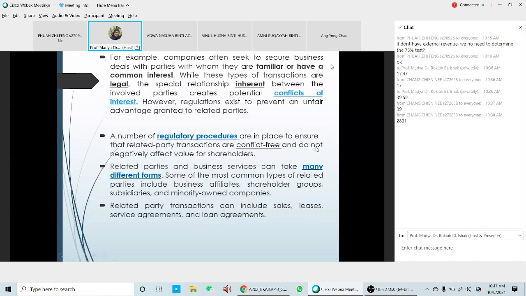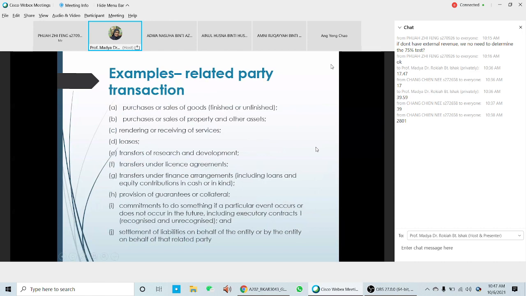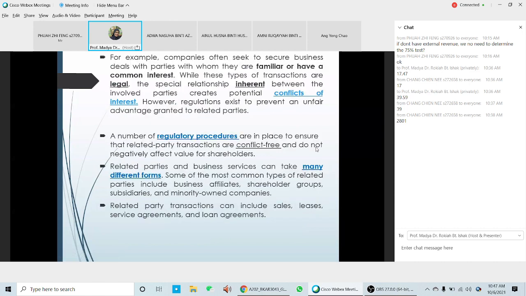Okay, so you're going to have here, for example, a company often seeks to secure business deals with a party with whom they are familiar. Normally when a company wants to do business, it deals with a party that it is familiar with or has a common interest with.